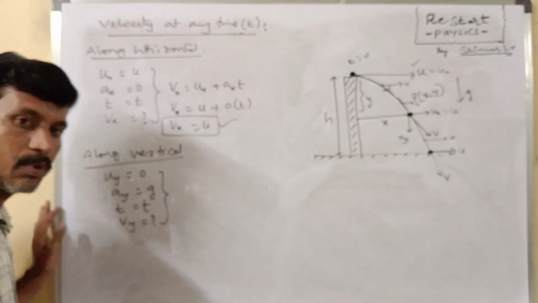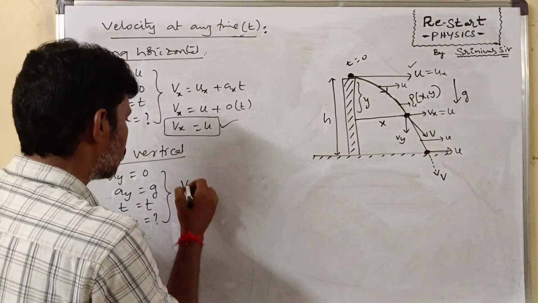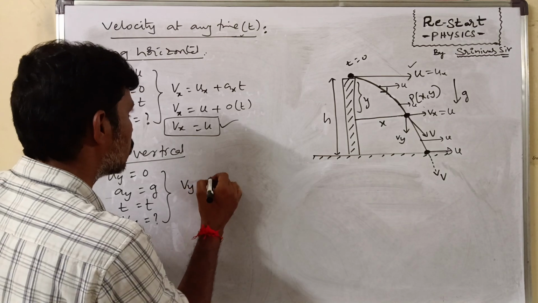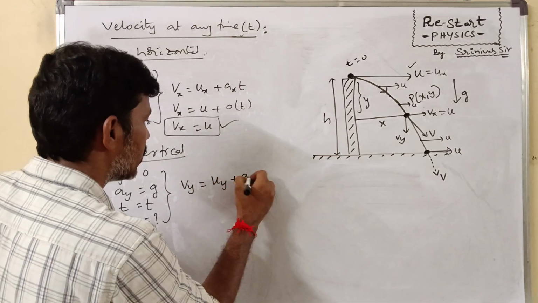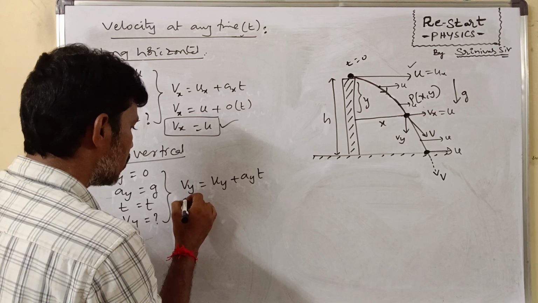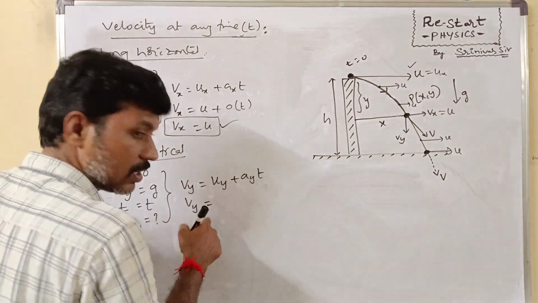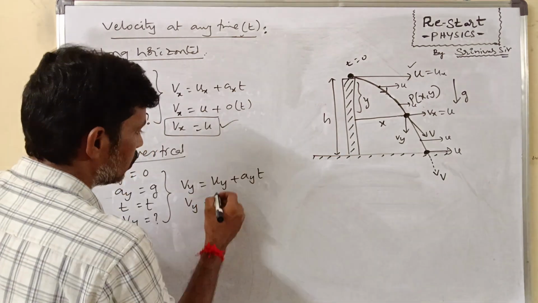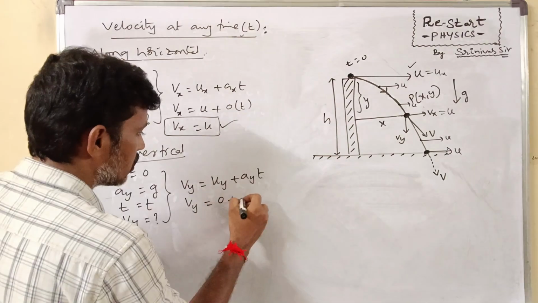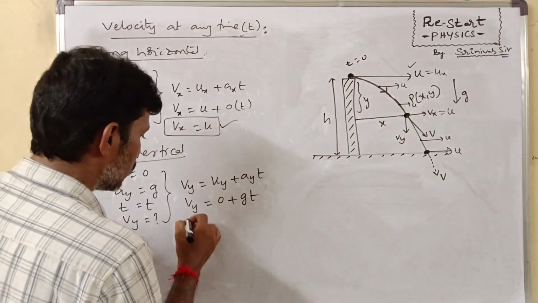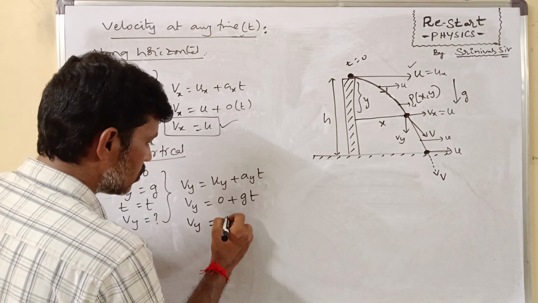Using the equation vy is equal to uy plus ay into t, with uy equal to 0 and ay equal to g, vy is equal to gt.